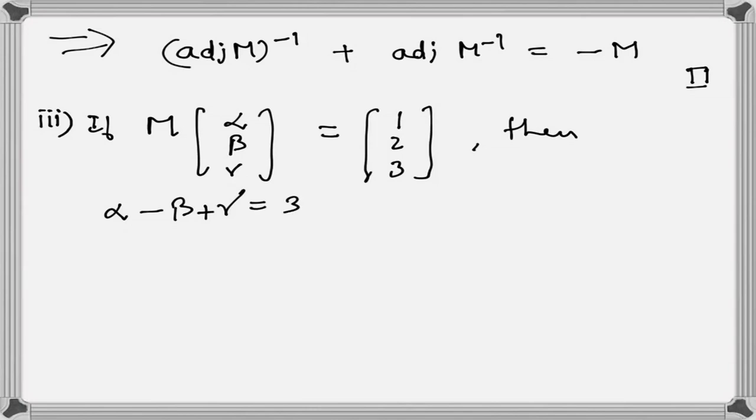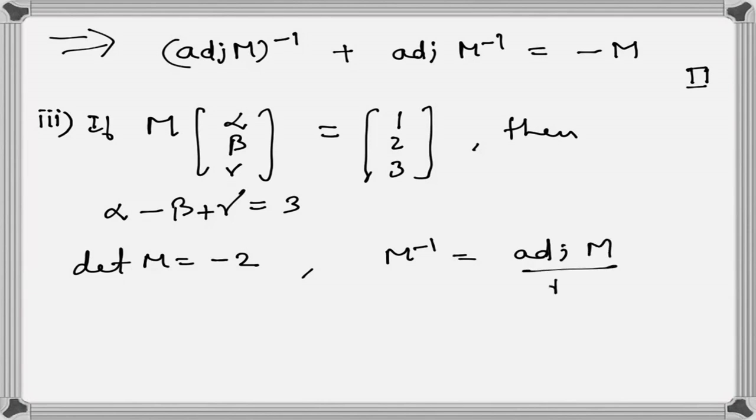Okay, so given determinant of M is minus 2, that means M is invertible. So what is M inverse? M inverse is the adjoint M divided by determinant of M, right?